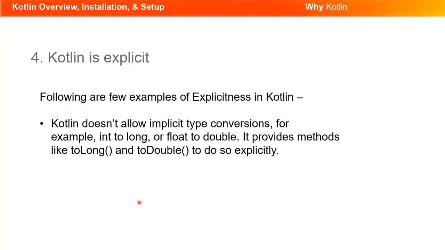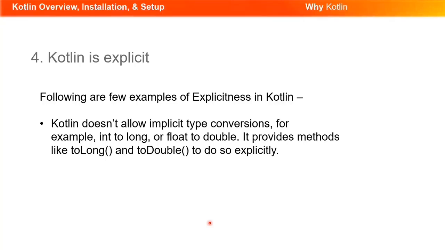And Kotlin is also explicit. Kotlin does not allow implicit type conversions like Java does. I'm sure many of us are aware of classes and objects in Java, where the Math class, or the Math object, is a good example.